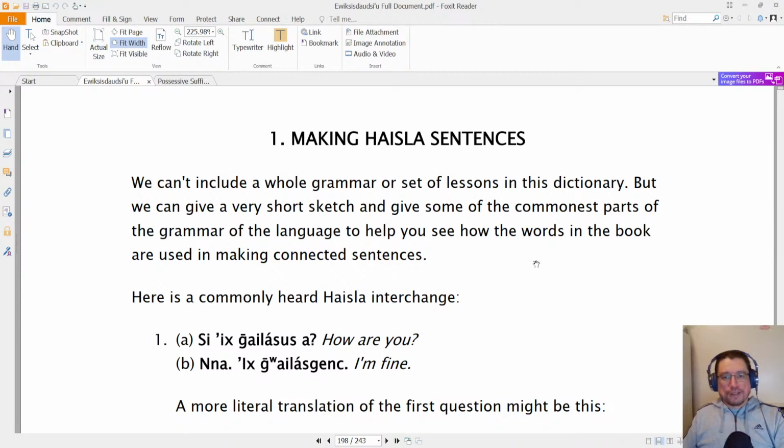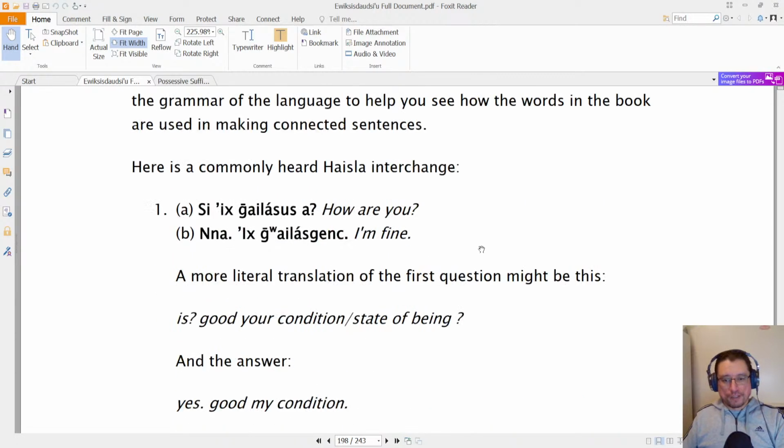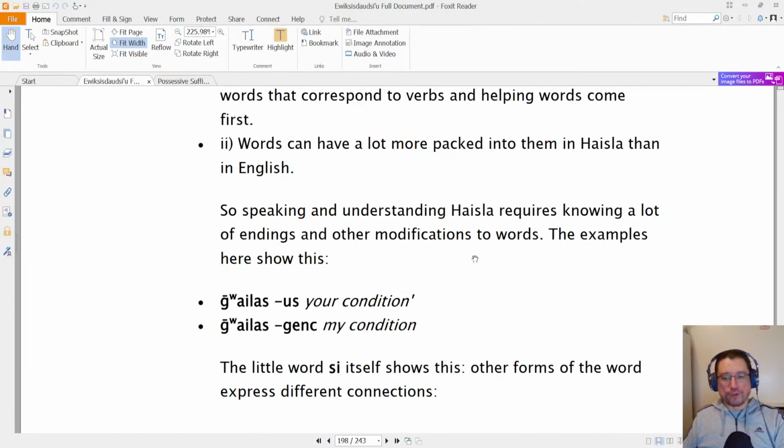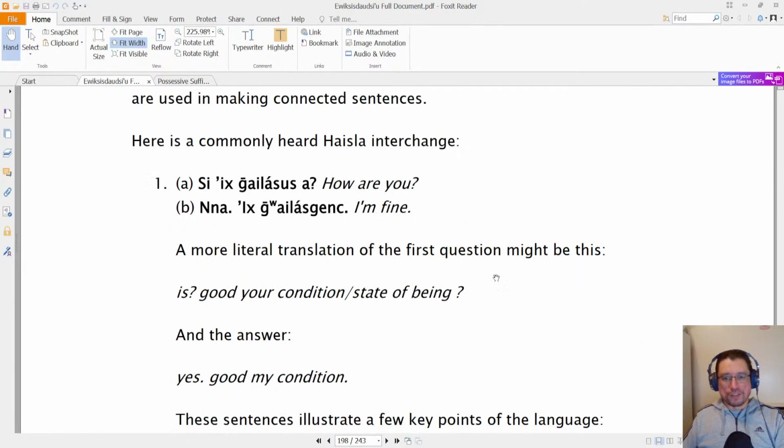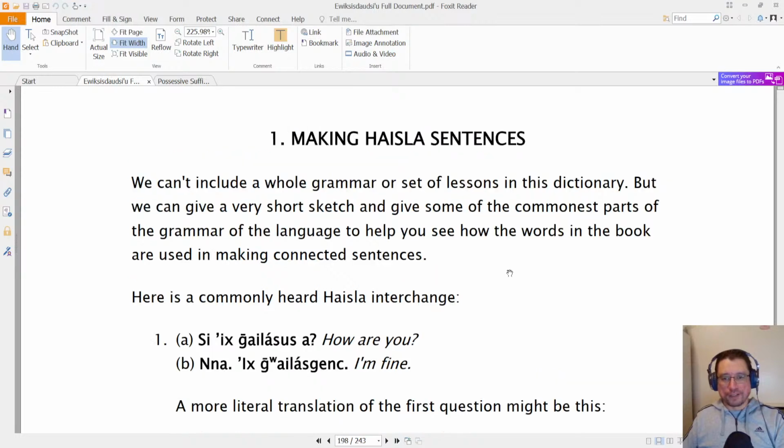So this begins on, what page actually is this? On page 190. So this is the back of the dictionary. So section 1 here is making Haisla sentences.